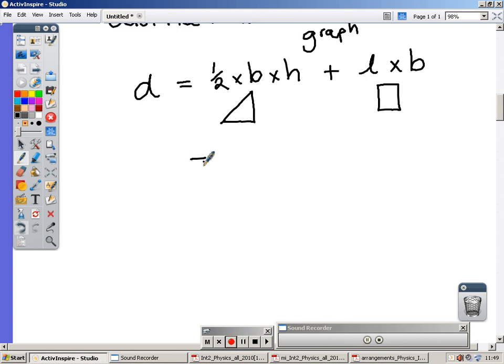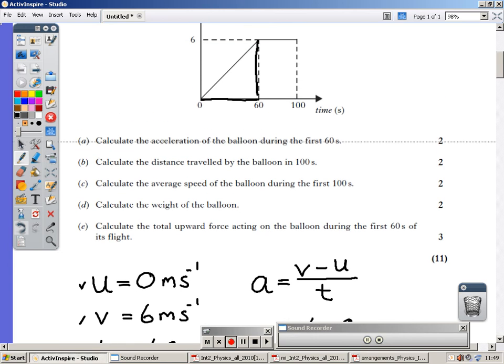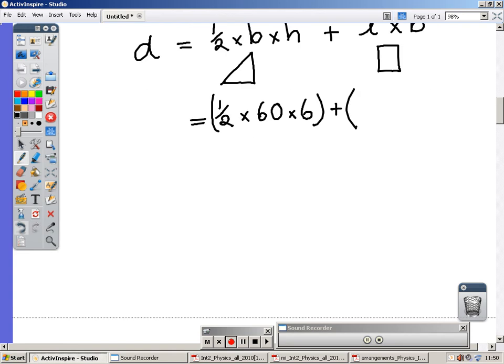So we've got equals a half times 60 times 6, plus, if we look at the rectangle, and this is where lots of people make a mistake, this is 40 here, it's 100, take away 60, it's 40, multiplied by 6.